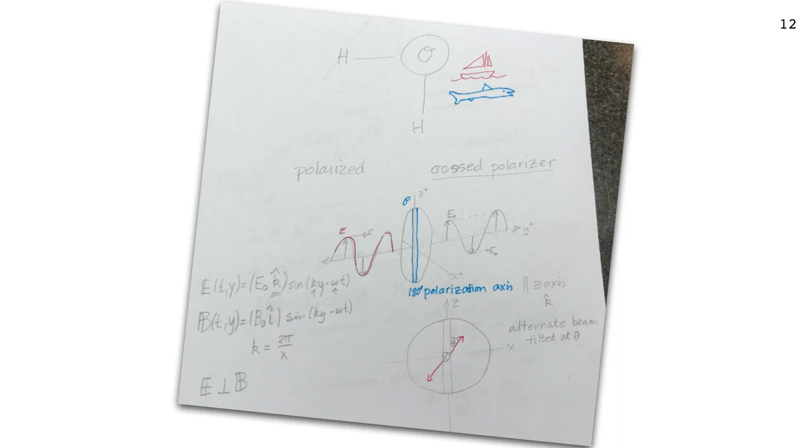Additionally, it's a minimum when cosine theta is equal to 0. So that means theta equals, let's see, the cosine of theta is equal to 0 at pi over 2 or 3 pi over 2. Or as we say in the business, 90 degrees or 270 degrees, right?